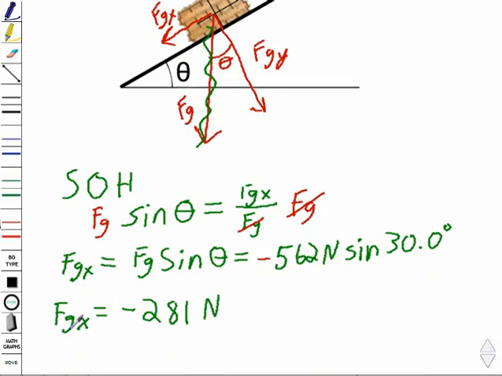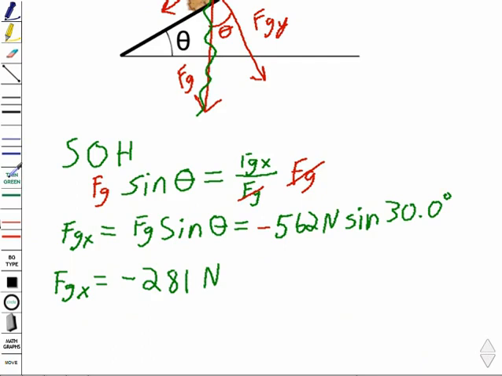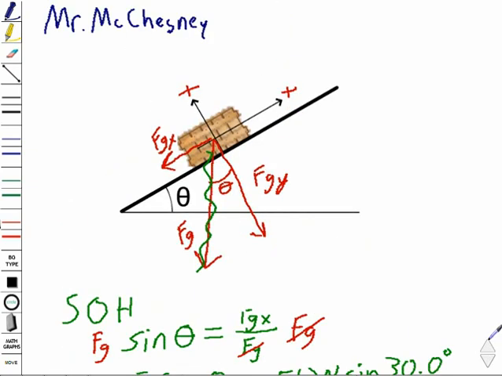So we get our parallel part, f sub g sub x, is negative 281 newtons, and our perpendicular part, f sub g sub y, was equal to negative 487 newtons. Now if we look at our diagram, they're both going opposite the direction of the positive direction, so they both should be negative. And that's how you solve for the components of weight.